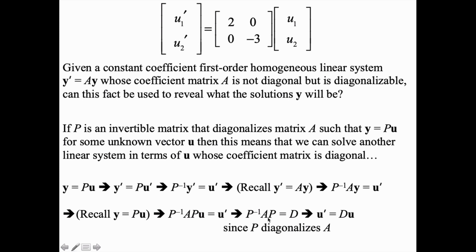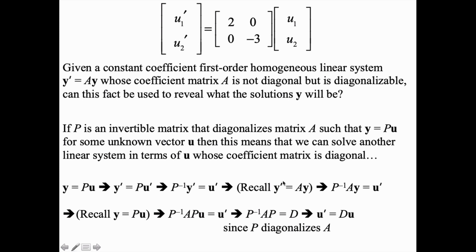P inverse AP, we know that P diagonalizes A. So that is the diagonal matrix we seek. So another way of writing this step right here, P inverse AP u equals u prime, is simply u prime equals the diagonal matrix D, which we'll call P inverse AP. U prime equals diagonal matrix D times u.